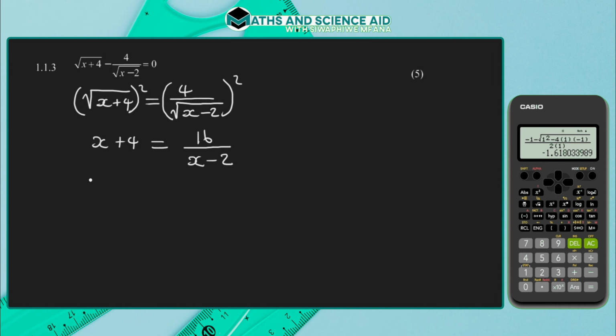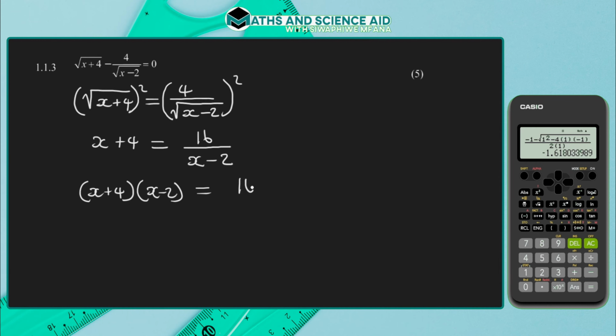The next thing we need to do is multiply both sides of this equation by this x minus 2 so that we move it to the left hand side. So we are going to put this x plus 4 inside brackets and then multiply by x minus 2.